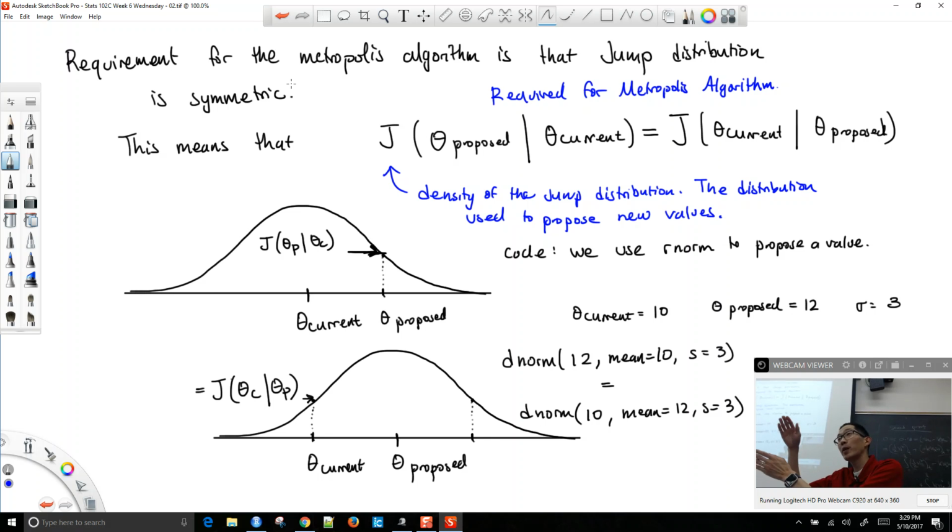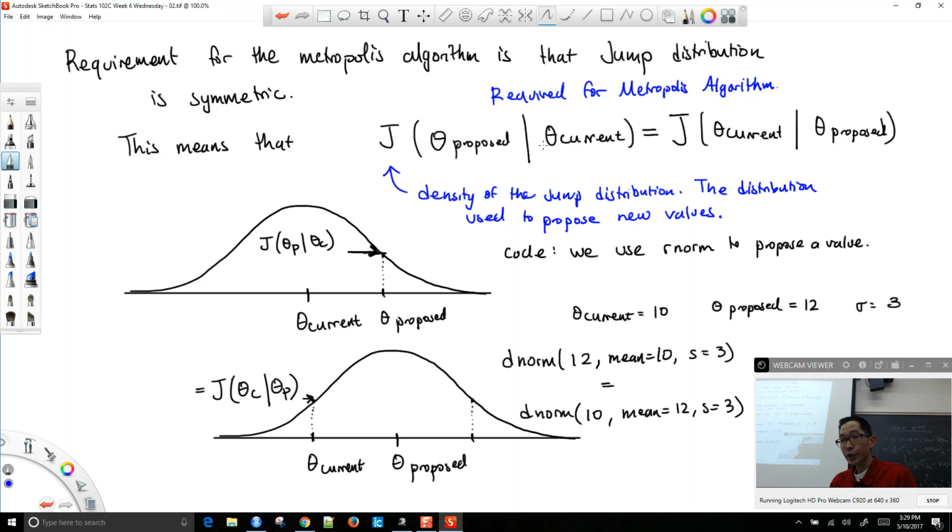And if I'm at island 5, what's the probability I propose island 4? Also 0.5. So that satisfies the requirement: not the probability of moving there, but the probability of being proposed is equal for going from 4 to 5 and from 5 back to 4. So that worked out.